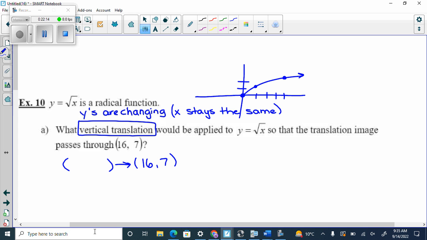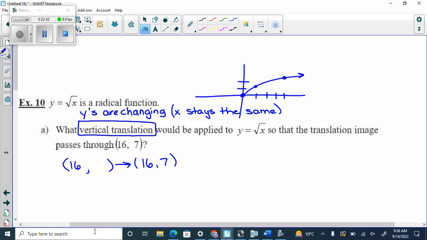What vertical translation would be applied to the original so that the translated image, meaning the new one, passes through 16, 7? And what did I say? The y's are changing, but what does that indirectly say? So what do I know about the original point? It's 16 something, right? That's all I know. Now how do I find out what it was?